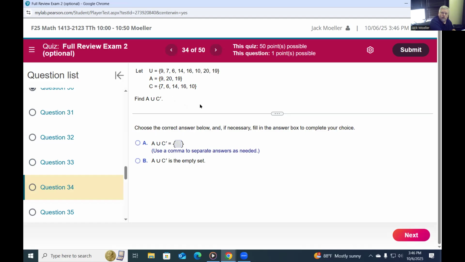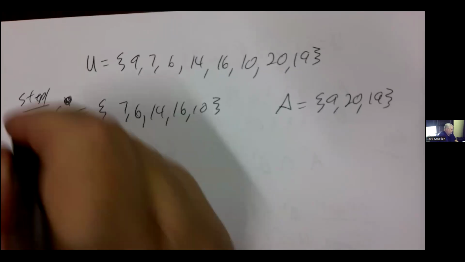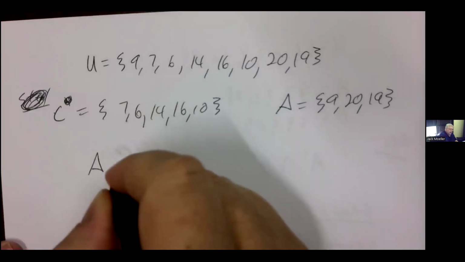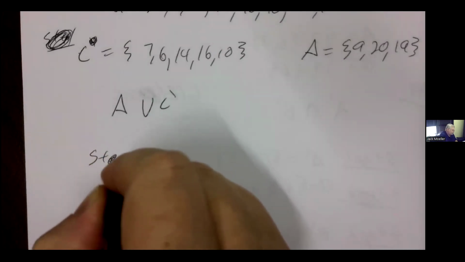7, 6, 16, 10, and then A is 9, 20, 2. Okay, so we are doing A union C complement. All right, so that means first step is do our complement.